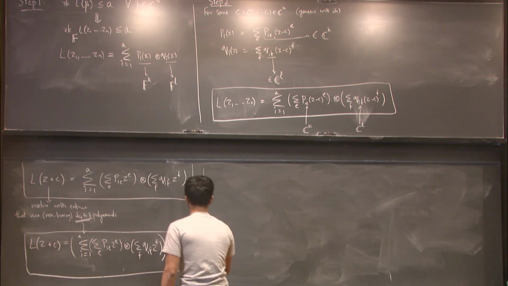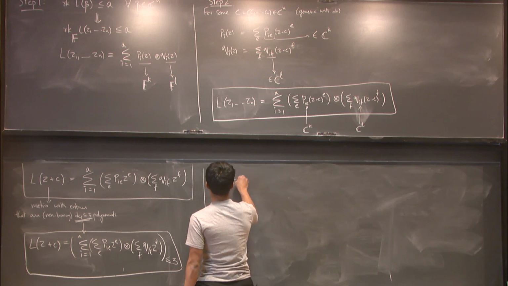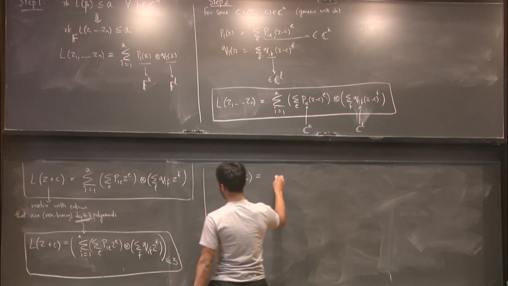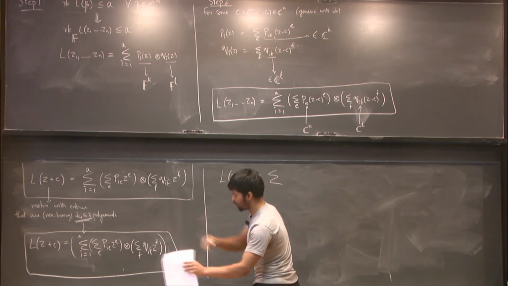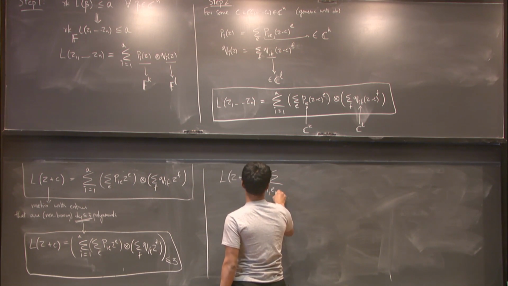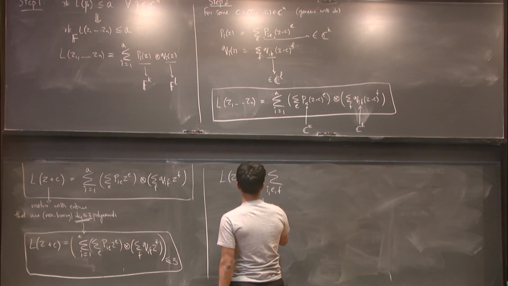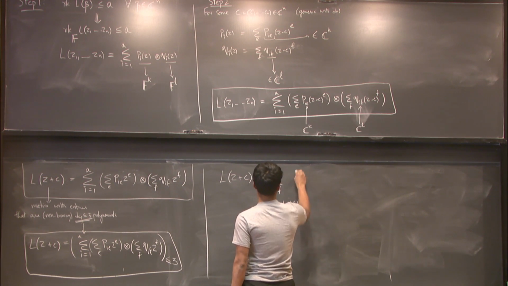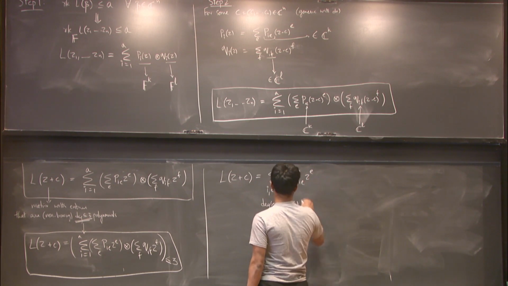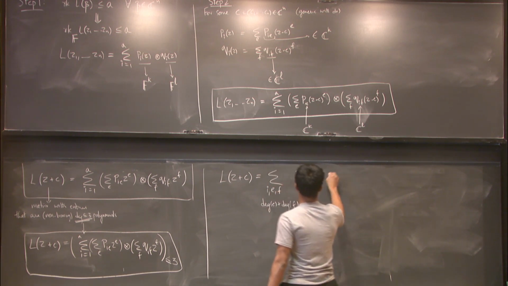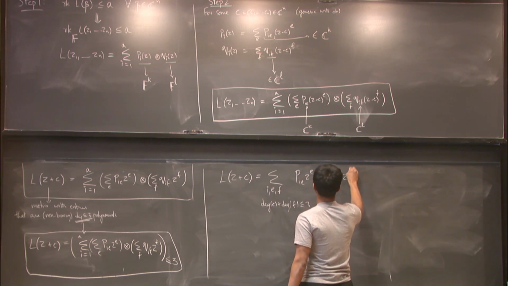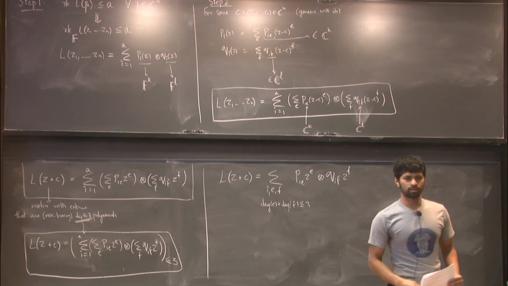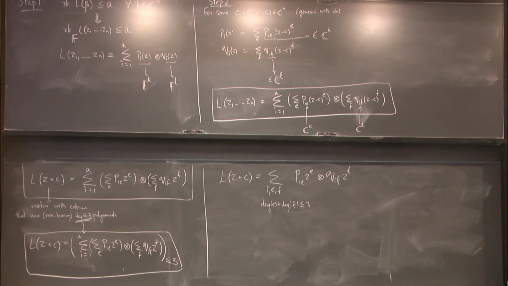So from this, L of z plus c is equal to sum, and now I will pull all the sums out to the left hand side. Sum over i, e, f with degree of e plus degree of f less equal 3, of p_ie z^e tensor q_if z^f. That makes sense? You just took the degree 3 parts that showed up.